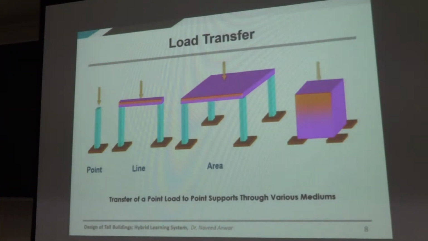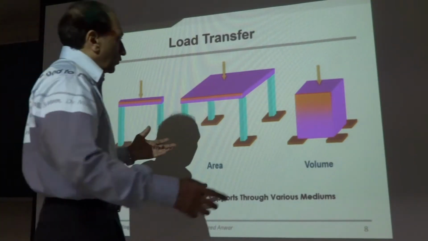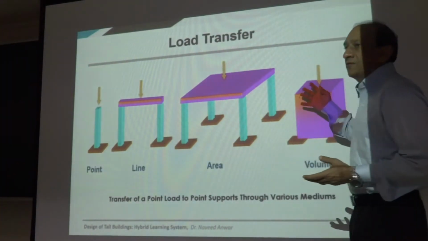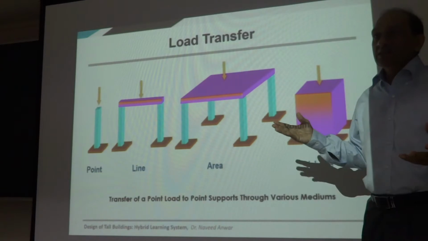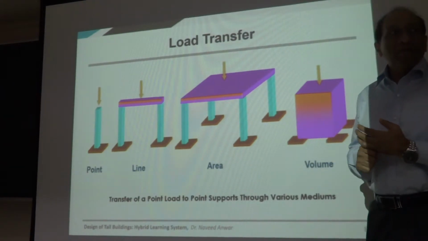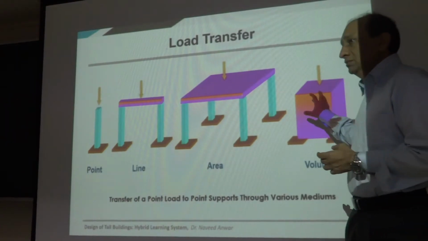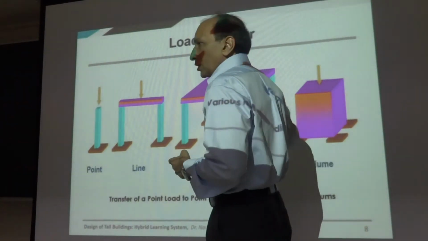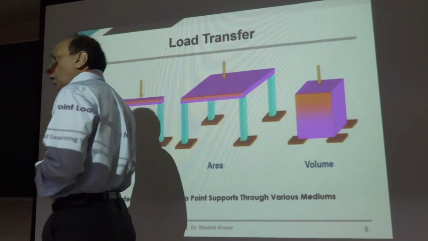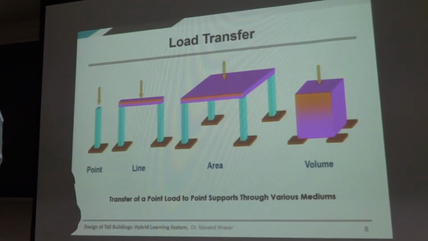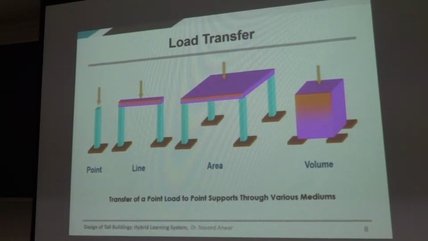mechanism. And if you apply a load to a solid, to a volume, then it's very difficult to know how the load will go because it does not even follow the traditional, depending upon the stiffness and so on. The solid could be water, so you don't know how the load is going. It just may go on the sides completely rather than going down, right? It's like soil.